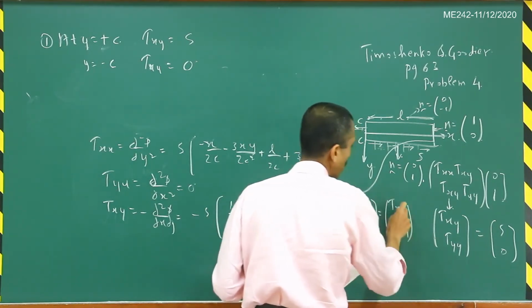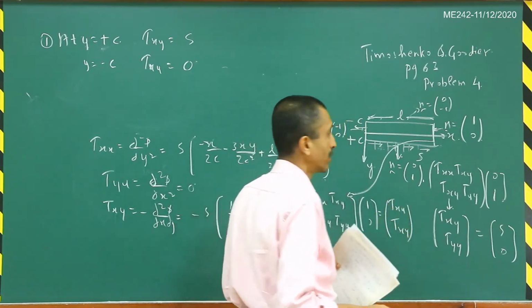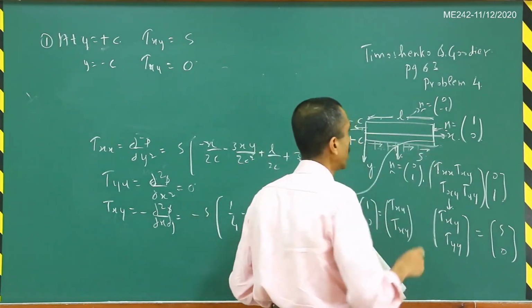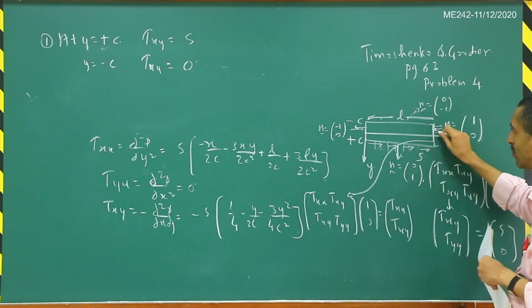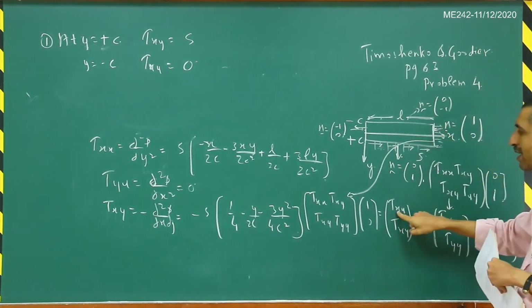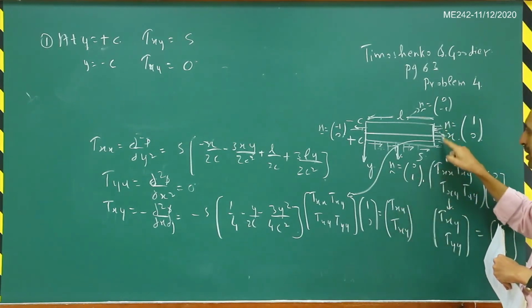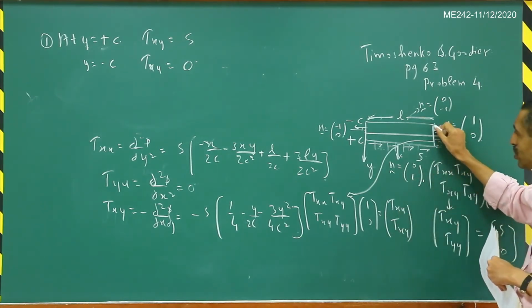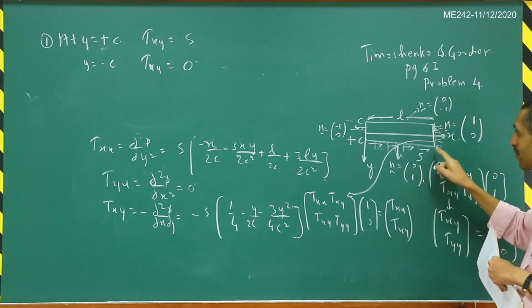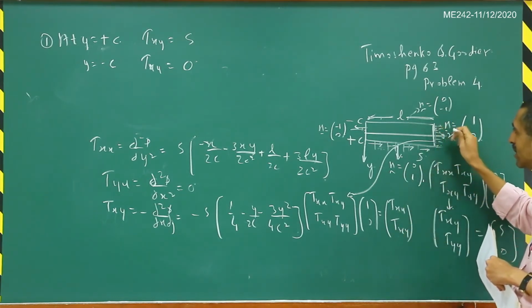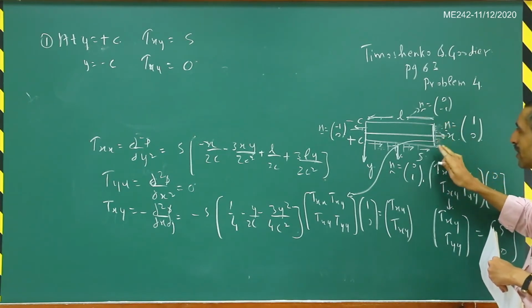So these are the two traction components on that particular edge. If some normal traction had been applied, then tau xx would have been that value, and if there had been a shear traction on this edge, then tau xy would have been that value. But in this case, nothing is applied. There is no traction that is applied.